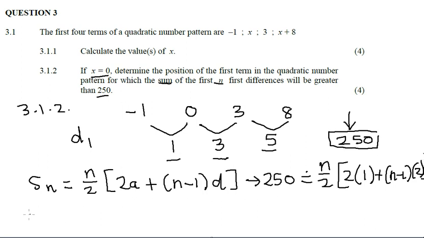So what we have is 250 is equal to n over 2 into 2 plus, and if you distribute the 2 inside the bracket, you're going to get 2n minus 2.